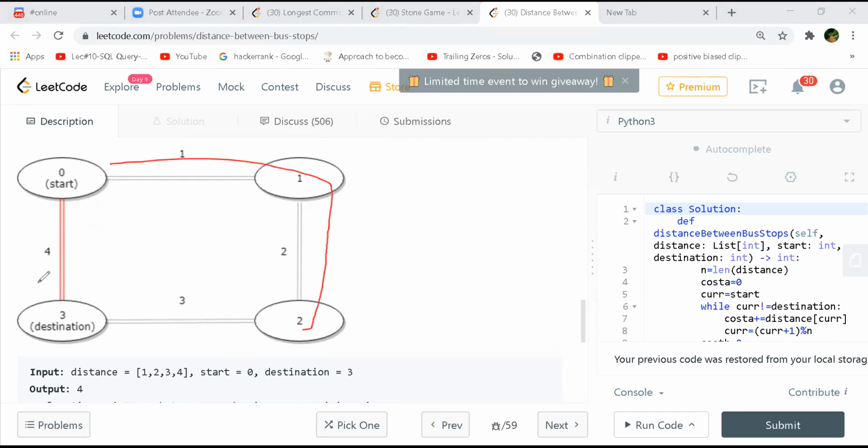So it's either 6 or 4, both costs, and you just have to pick the minimum. And the way Abhishek said, you do anti-clockwise and clockwise both, and whatever is the minimum, you return.